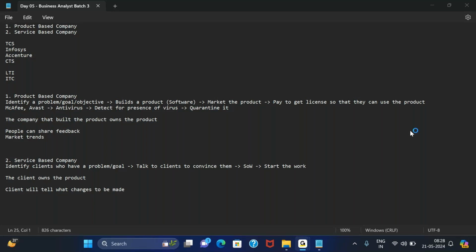Nagarjun is asking, what are the different types of contracts in the software industry? What exactly are you looking for there, Nagarjun? Contracts as in types of projects, okay.